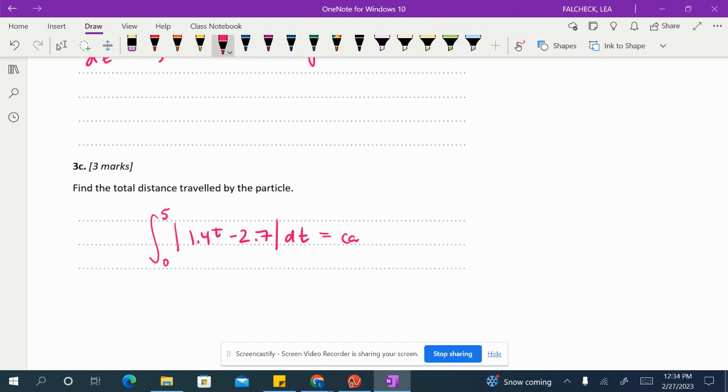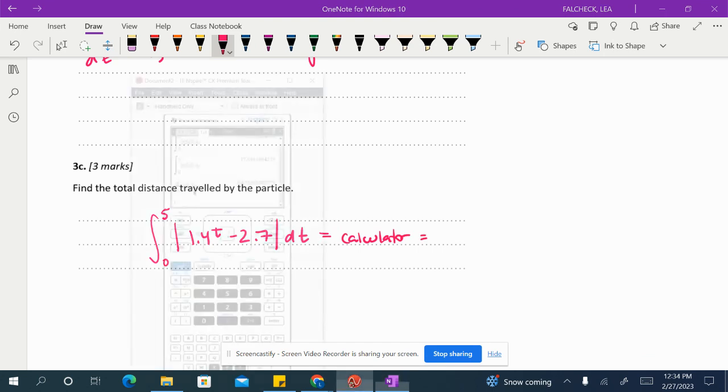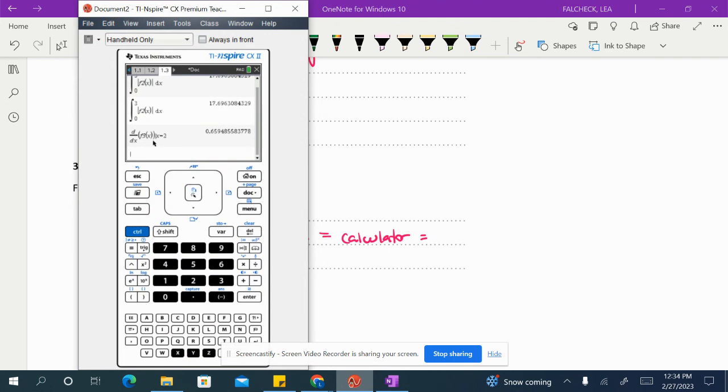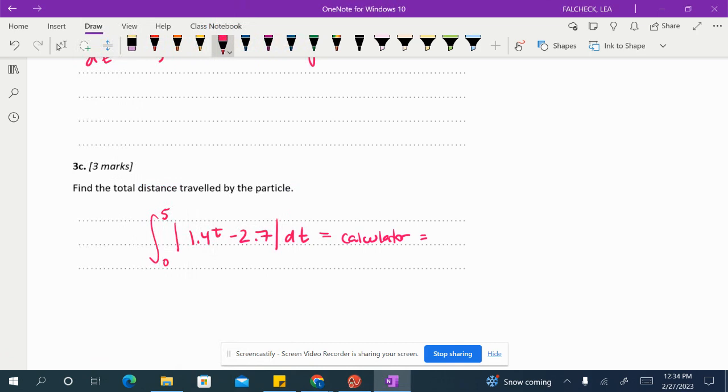And then I would just put this in my calculator and I would get 5.35 meters.